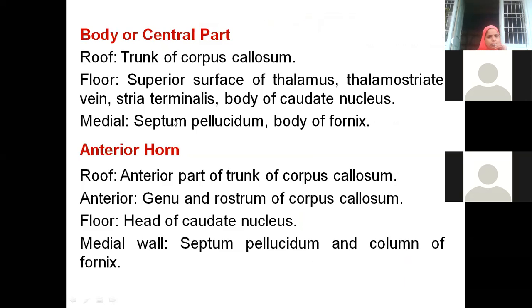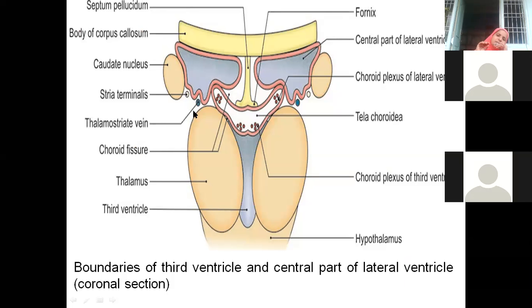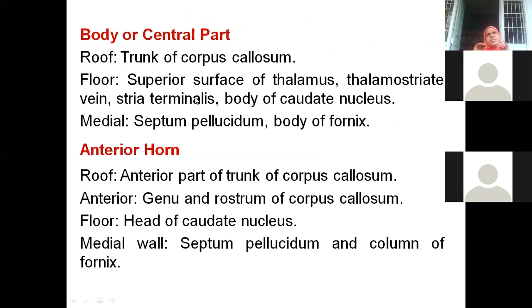Now what is fornix? Fornix is white matter fibers which we find inside the telencephalon. I will show you the structure of fornix here. What are the parts of fornix as we proceed? It's situated just below the septum pellucidum and above the level of thalamus. It contains all white matter fibers.